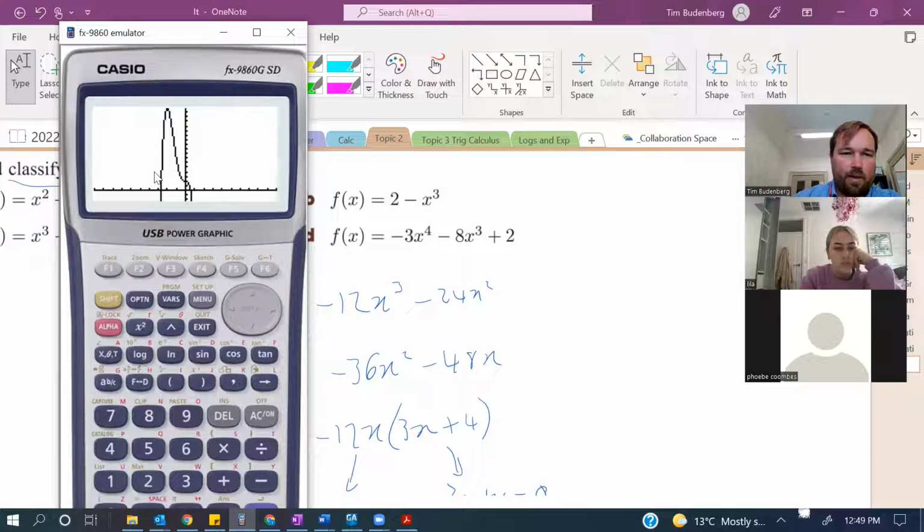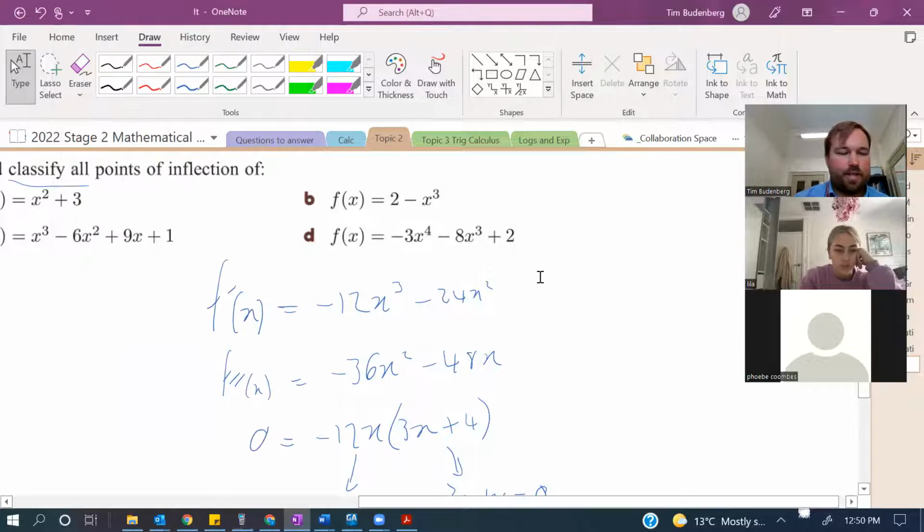And then at some point, maybe here where my arrow is, it starts going concave up. And that's the -4 on 3 point. Because it's so sloped there, that is a non-stationary inflection point. Here though, you see how it appears to flatten off when it goes from concave up to concave down again? That flat point there will be a stationary inflection point.